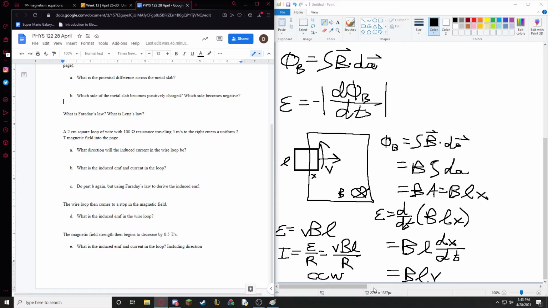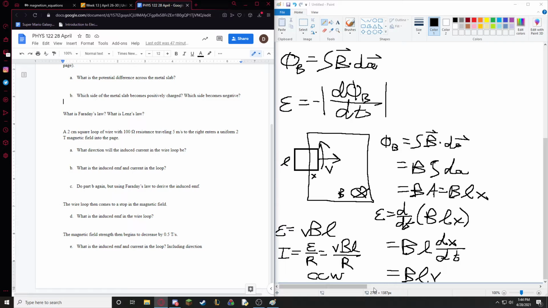Let's think more about what direction our flux is in. Our integral of B dot dA. What direction is our flux in? It's going to be the same direction as our magnetic field, so that's into the page.